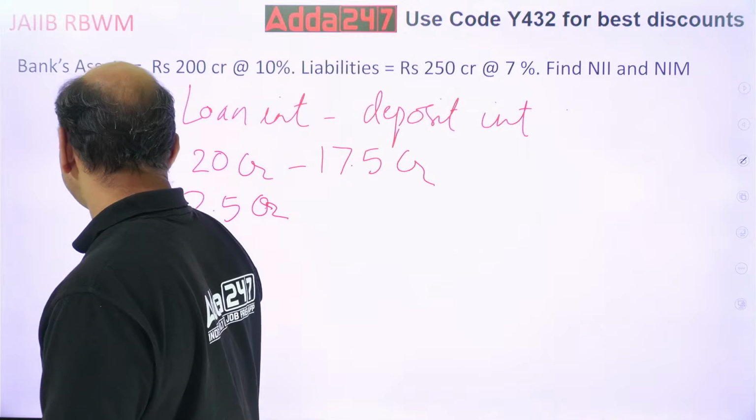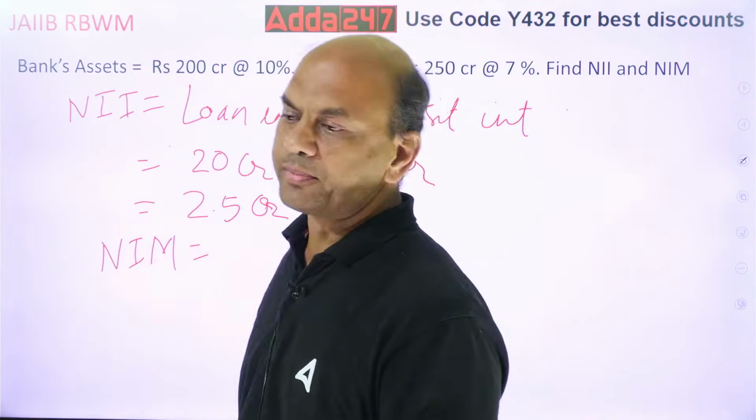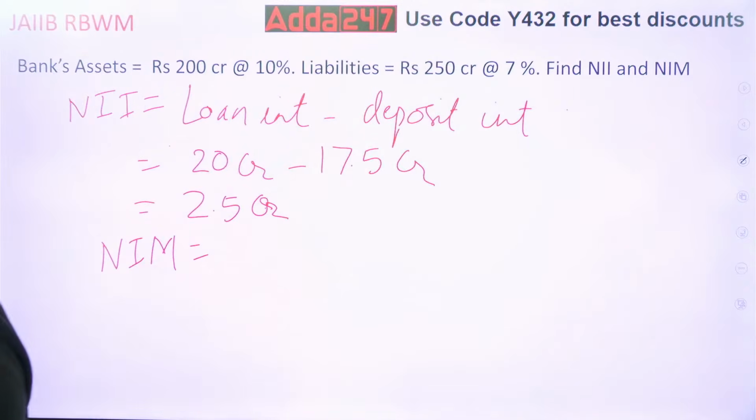NIM equals to, let me see, how many of you are getting NIM now? NII is very correct. All of you have got it correct, NII. Now give me NIM. Give me NIM, everyone.